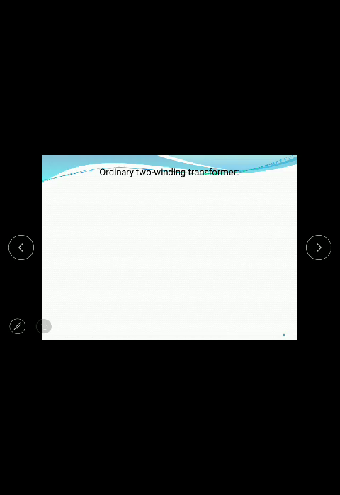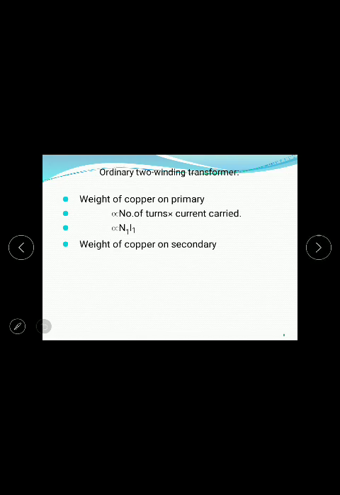So in an ordinary two winding transformer, the weight of copper on primary is proportional to number of turns into current carried, proportional to N1 I1.